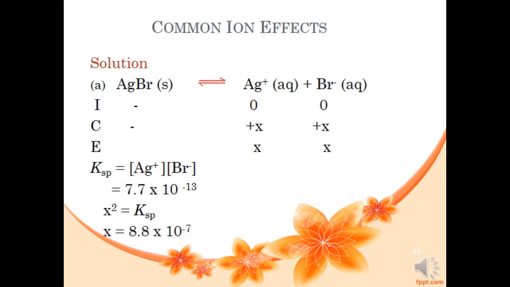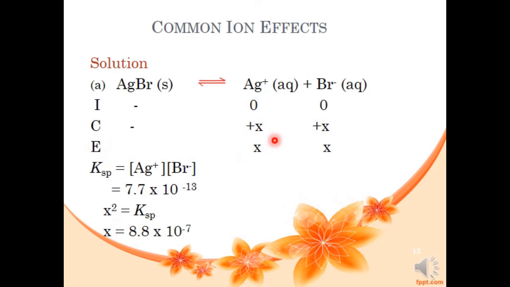To answer question A, very easy, because we have covered this. Write the dissociation of the silver bromide salt. It will dissociate into silver ion aqueous and bromide aqueous. And then the ICE table. Initially, none of this has formed yet, and then the change is plus x.